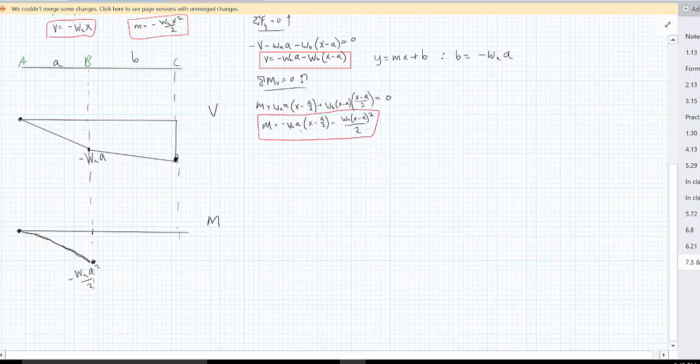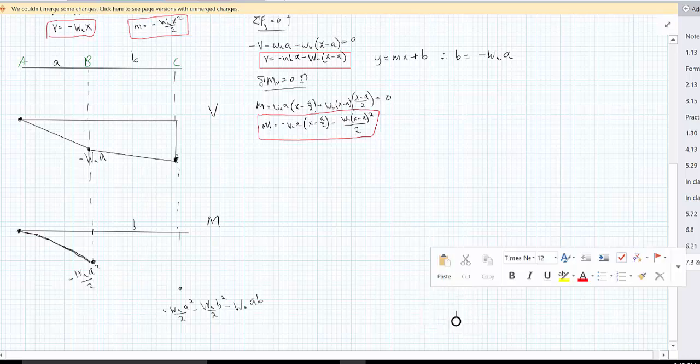And we should get another value here, and we do that consecutively until we get to our other end at C, where you should get negative W sub A multiplied by a squared divided by 2, minus W sub B multiplied by b squared divided by 2, minus W sub A multiplied by ab.